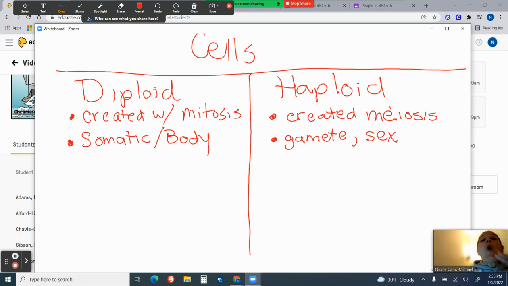Okay, so what else is going on? I've told you some differences, but what is really the difference between a somatic cell and a gamete? Between a body cell and a sex cell? Between a diploid cell and a haploid cell? The big difference comes down to the number of chromosomes. So remember, your chromosomes are where all of your genetic information is stored.